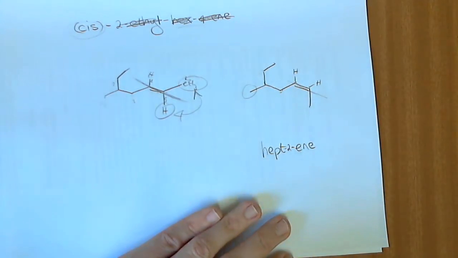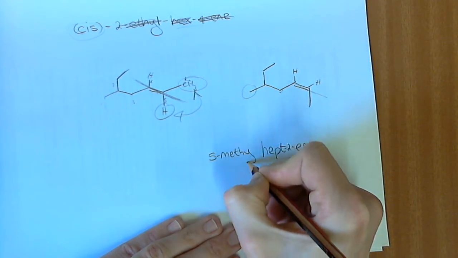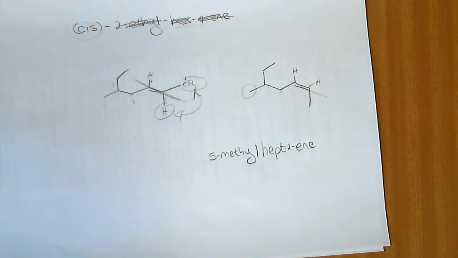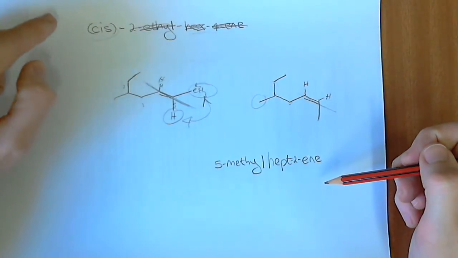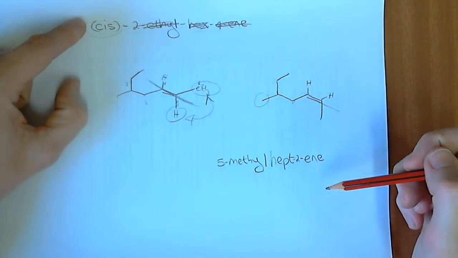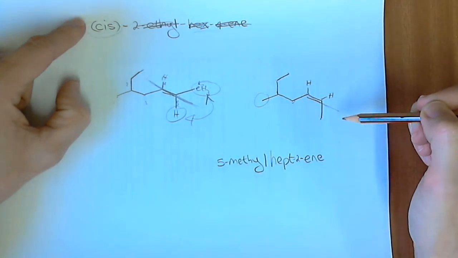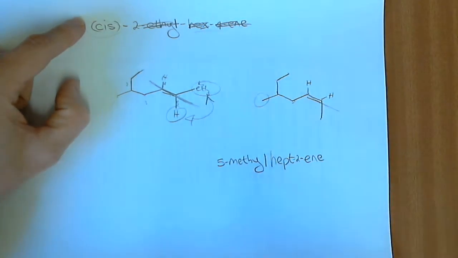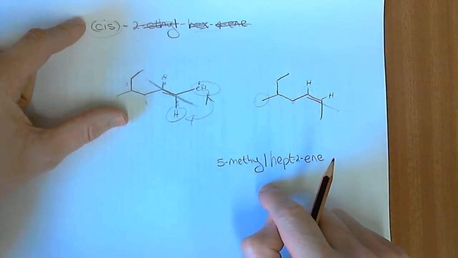There's a methyl group on that position over there. So this would have been a 5-methyl, one word, heptene. But what I wanted to show you with that is that even with a technically incorrect name, you would still get the technically correct structure. And that's all I wanted to show you. And that's why I emphasize that the most important thing is being able to take a name and to draw a structure from that.